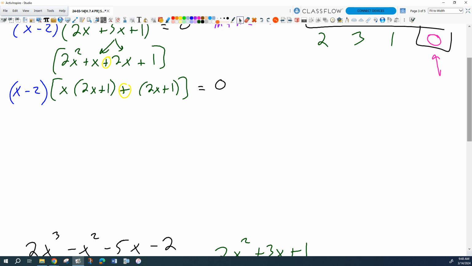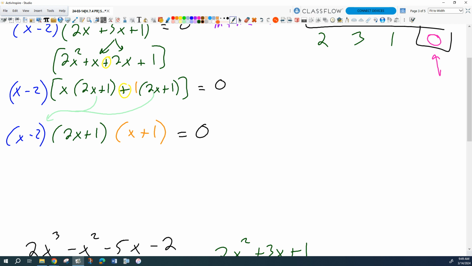That guy goes out front. And then what's left behind? I've got a coefficient of 1 there, so what's left behind is x plus 1. Everybody good with that last part?